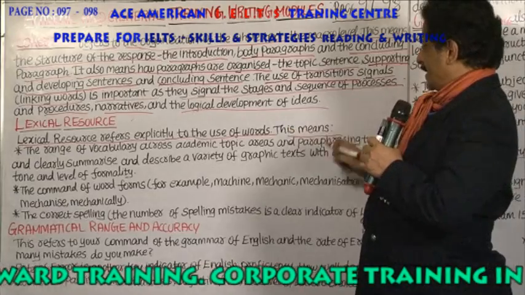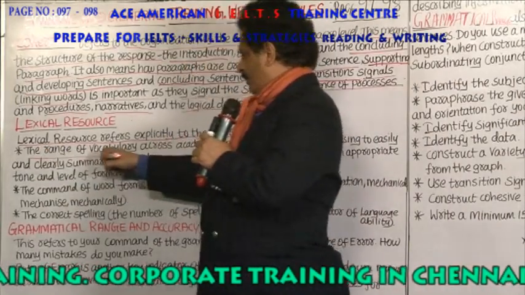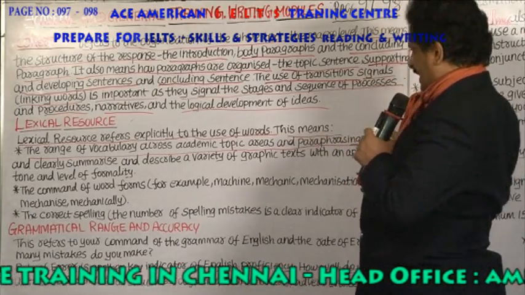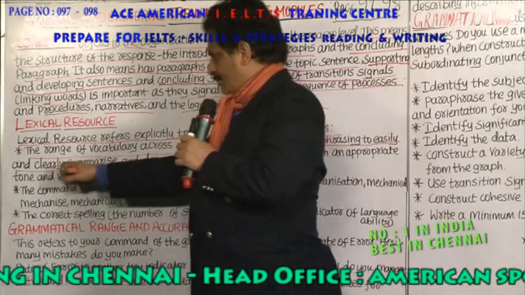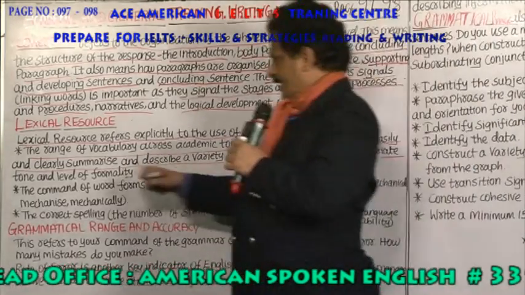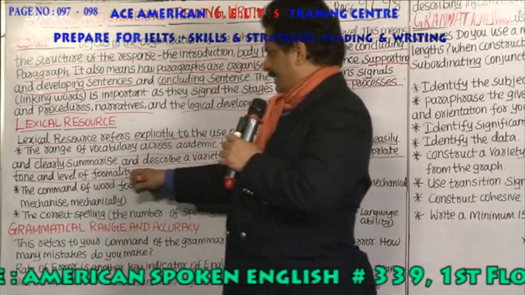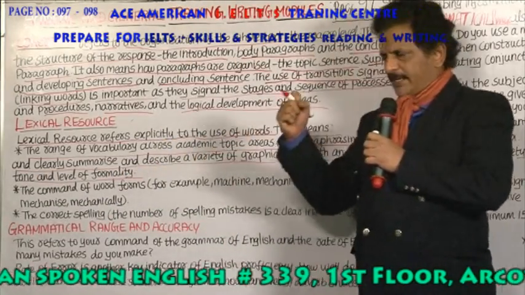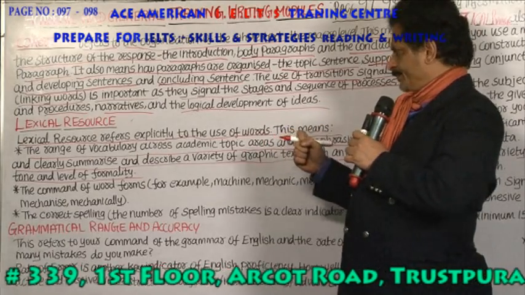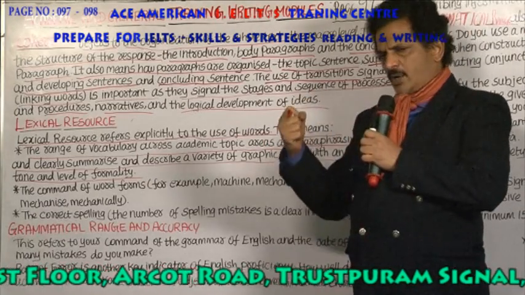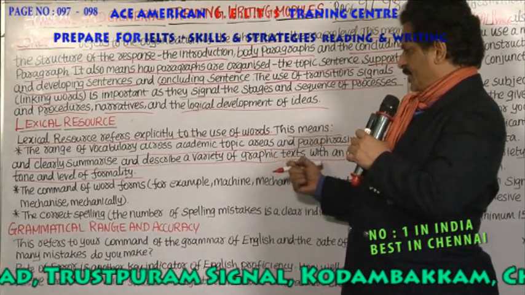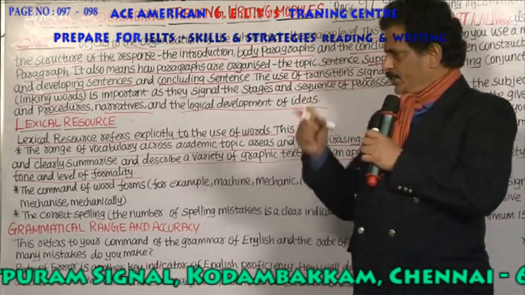This means the range of vocabulary across academic topic areas and paraphrasing to easily and clearly summarize and describe a variety of graphic text with an appropriate tone and level of formality. So the lexical resource, the vocabulary you use, is for paraphrasing and to summarize and to describe the variety of graphic text which you read.